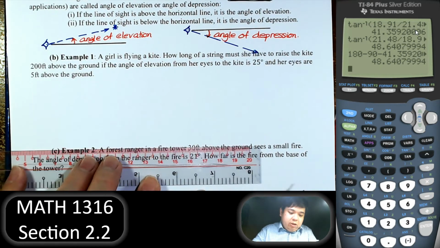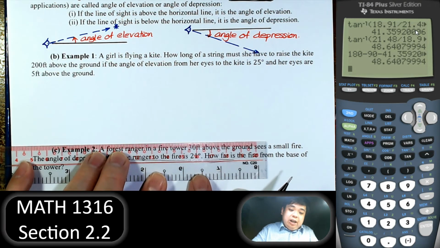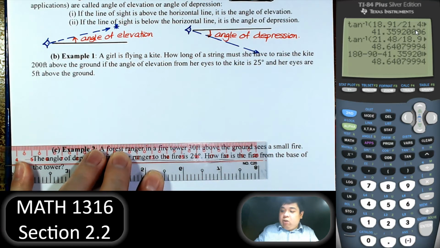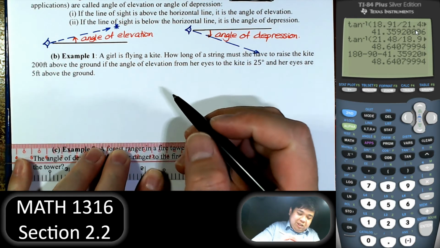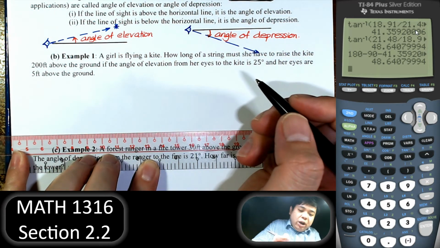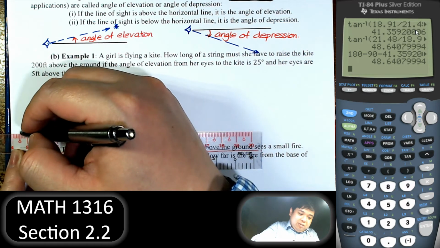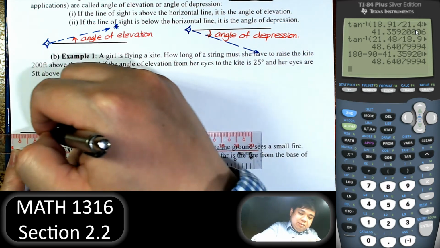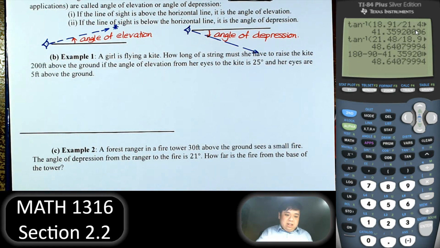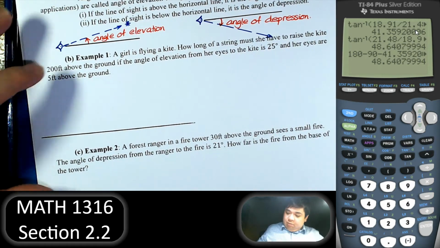So first of all, we have the ground. Assume that it is perfectly flat and perfectly level. Those are the things that we have to assume when we do this kind of calculation. So this is the ground.